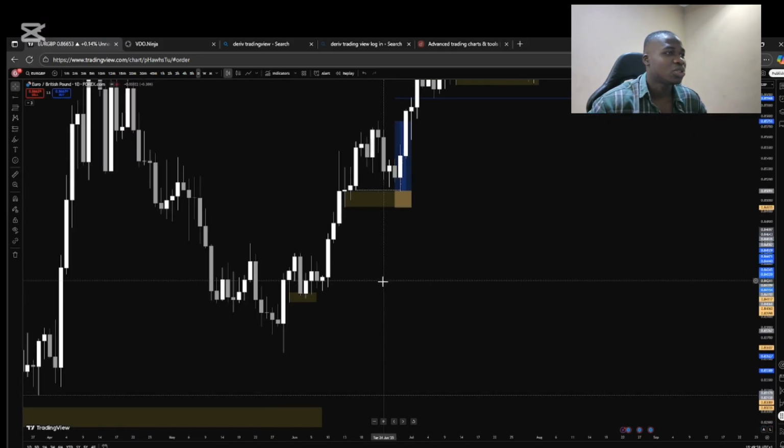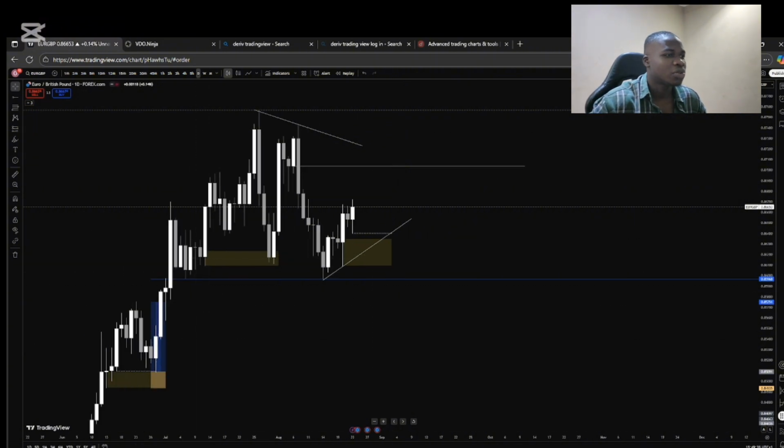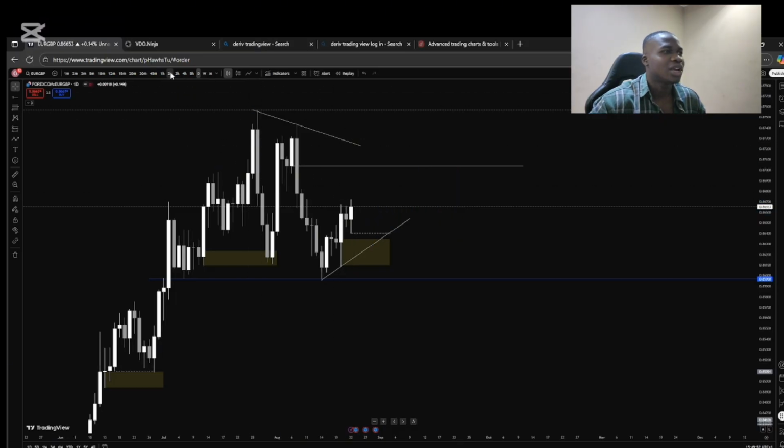So I'll be looking to sell down to all these lows. I believe price will come back to take all these lows. All I'm looking for is price to take this low, tap into this key level right here, follow this trend line liquidity, then give me a market structure shift. And I can say, okay, I want to sell right from here just to clear every liquidity.